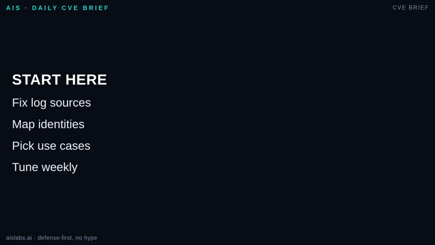Third, choose 3 use cases: account takeover, unusual privileged activity, and abnormal data access. Fourth, send UEBA risk back into SIEM correlation and create one queue for analysts. Fifth, tune every week. Track false positives, true positives, alert age, and escalation rate. Skills to build: log parsing, identity fundamentals, basic statistics, alert writing, and incident triage.